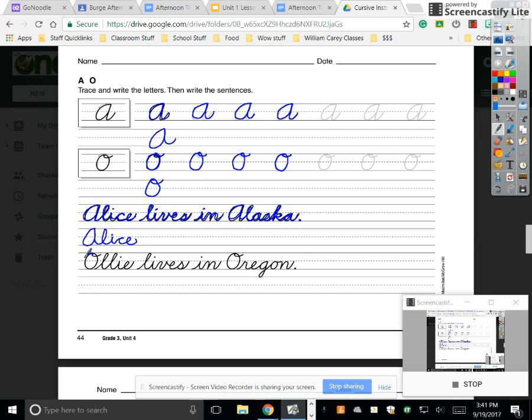So same thing. You have the O, trace it, come to the top, back. This one you have to pick up your pencil because it stops at the bottom. Most capital letters do that, and I hate it. But this is one of the few times cursive does not just continue. L, L, I, E, Ollie lives in... Oh, I messed that up.